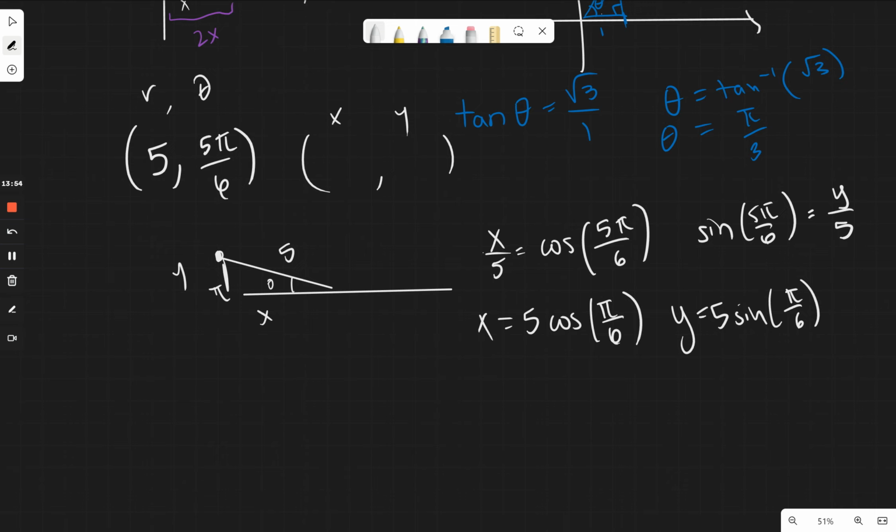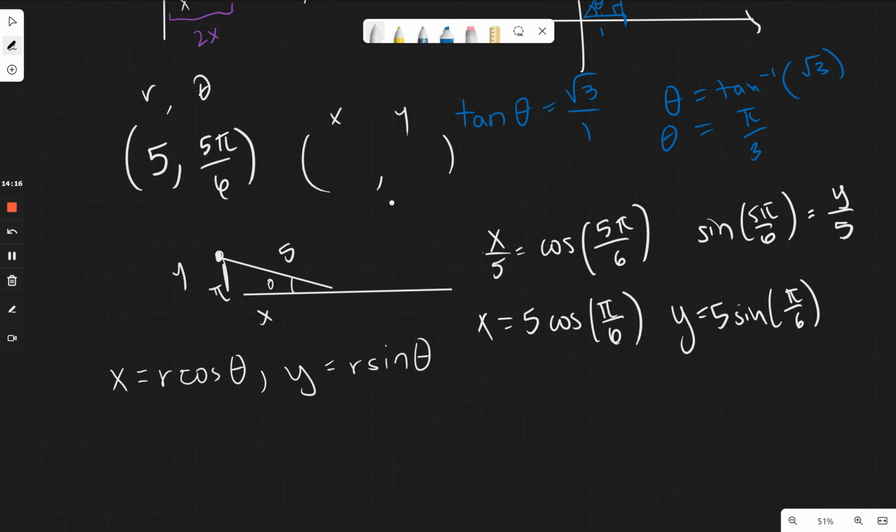It's not too bad. And if we see, we can generalize this by saying the hypotenuse is always going to be the radius, and we're always going to say x over the radius is going to be equal to cosine of the angle. So we can generalize this and say that x is always equal to r cosine theta, and y is always equal to r sine theta.